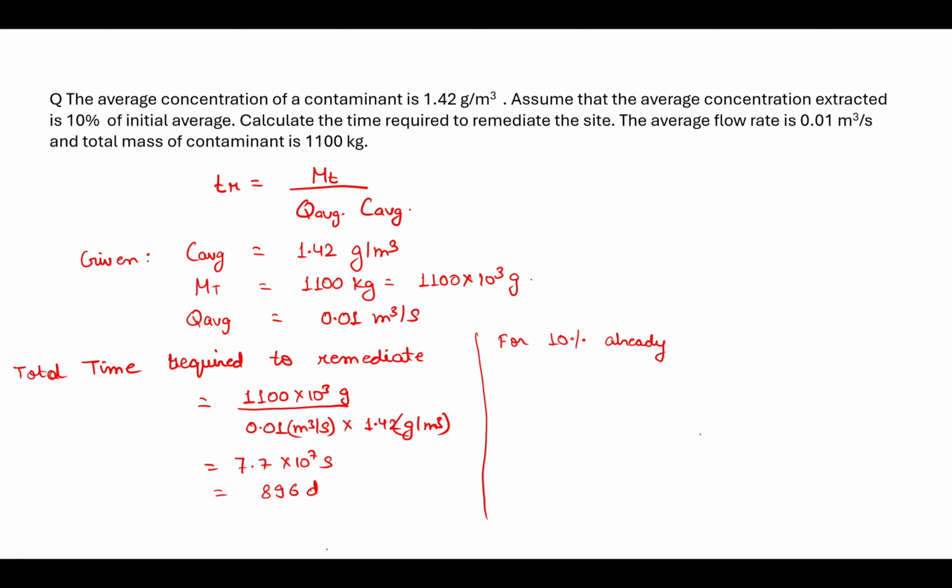Actually, the statement in the question is not correct. The average concentration of the contaminant has already been calculated by considering that 10% has already been extracted, because we are using C average. This is not the absolute value. This C average is the 10% of C naught, which is coming out to be 1.42 gram per meter cube.